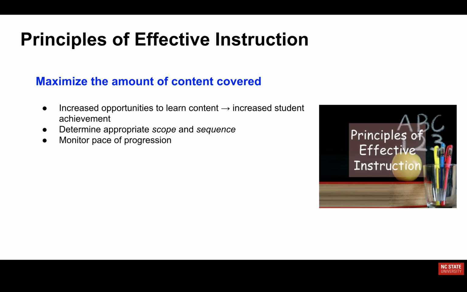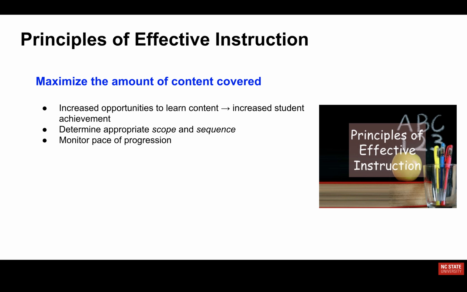So one of the things that you want to do is determine an appropriate scope. So what information will I teach, right? And then an appropriate sequence. In what order will I teach this information? And these pieces are very important because it helps you to structure the content that you'll provide as you go throughout.